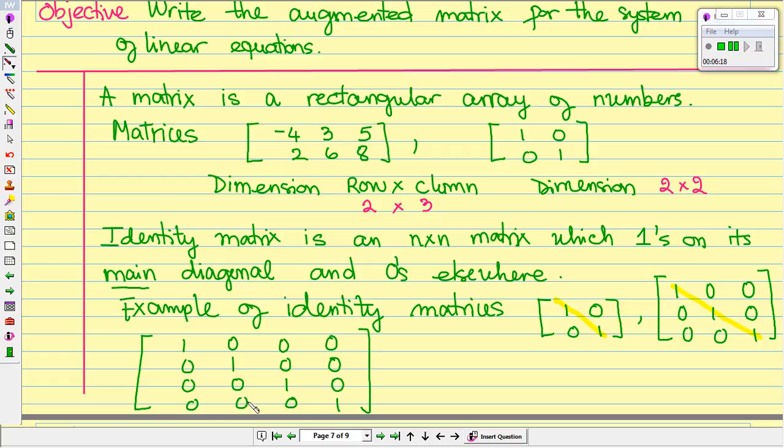Again, you can see this matrix is the identity matrix because the number of rows and the number of columns is the same number. So this is a 4 by 4, and you can see that it does have 1 on its main diagonal, and the rest will be just zeros.